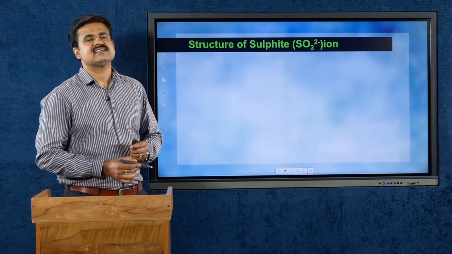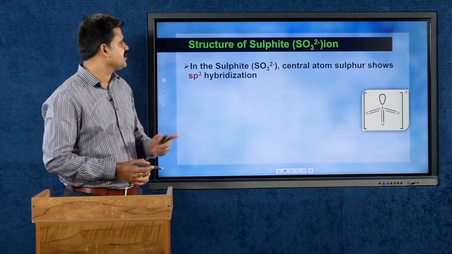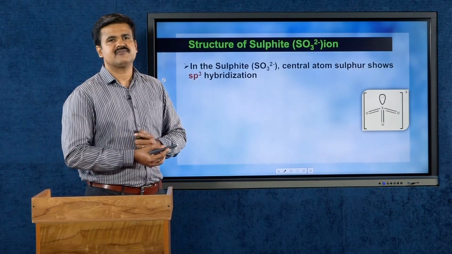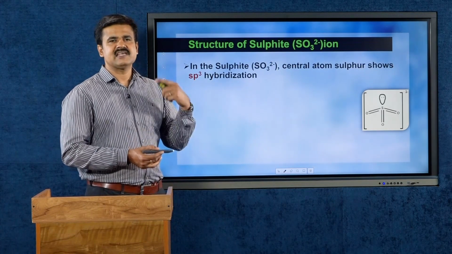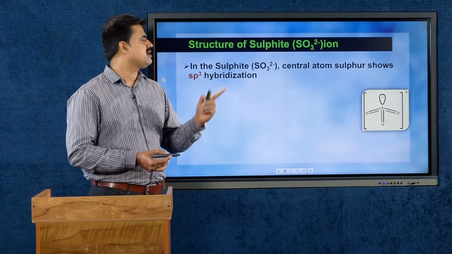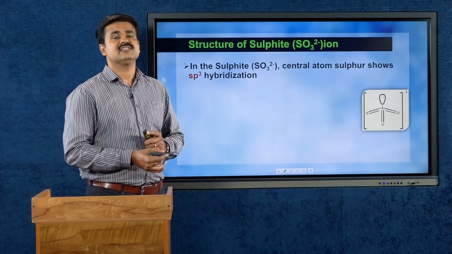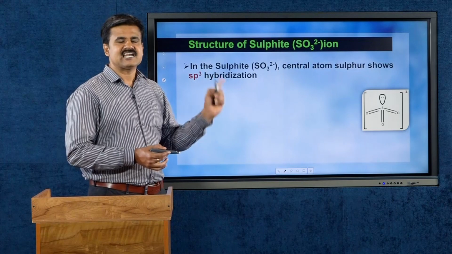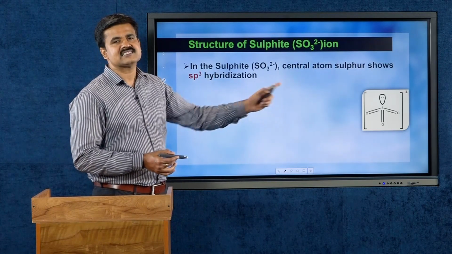Now, we are discussing the structure of sulfite ion SO3 2- ion. In sulfite ion SO3 2-, the central atom sulfur shows sp3 hybridization. The hybridization scheme is clearly determined from the molecular formula, and from the molecular formula we can arrive at the hybridization as sp3. sp3 hybridization leads to tetrahedral geometry, and in the central atom sulfur there is the presence of a lone pair, and that lone pair can also be clearly seen in the geometry.